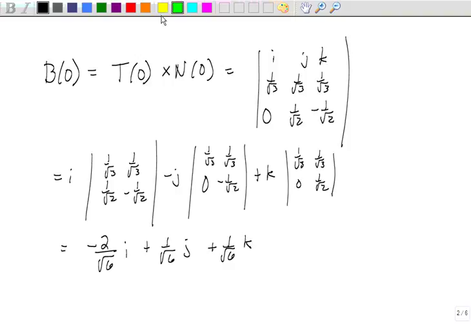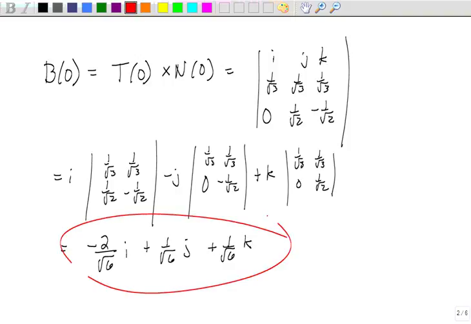So that's your binormal vector at 0. That's B of 0. Okay, so I hope this helps.